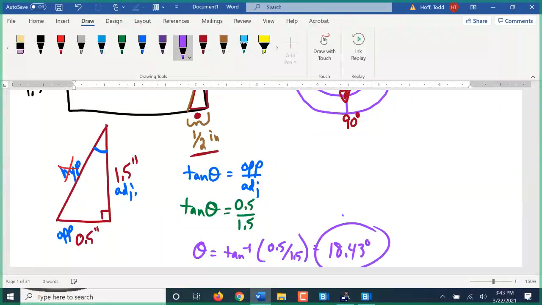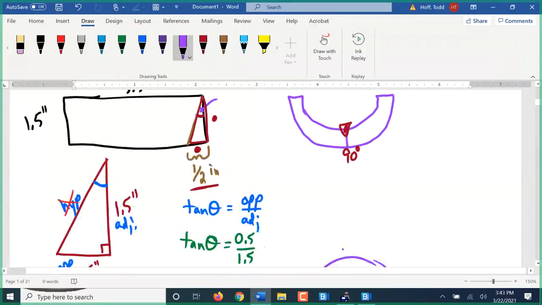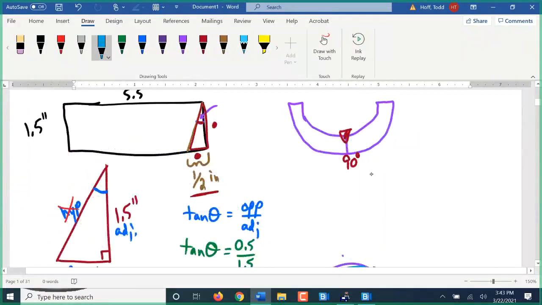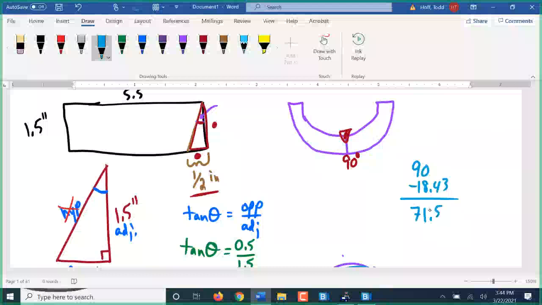So if you're using a skill saw or circular saw, you're going to set it at 18.5 degrees, somewhere in there. If you're using a table saw, you want to go 18.43 degrees off of 90. 90 minus 18.43 is 71.57. Set it off at 71.5 or so degrees. Make sense?